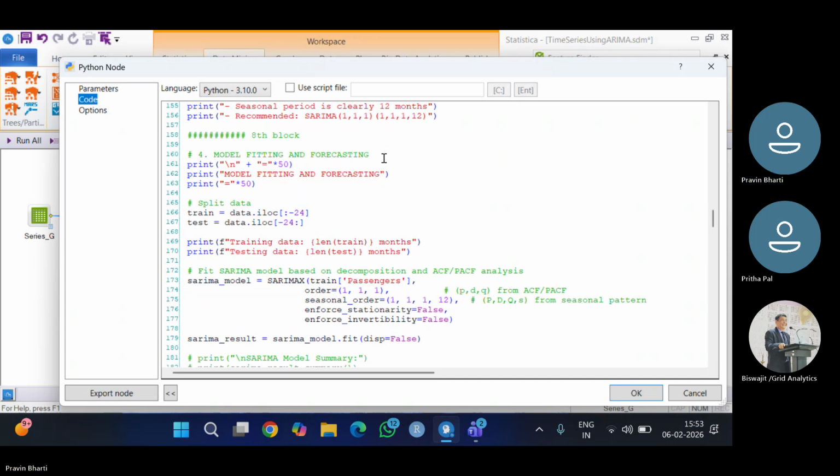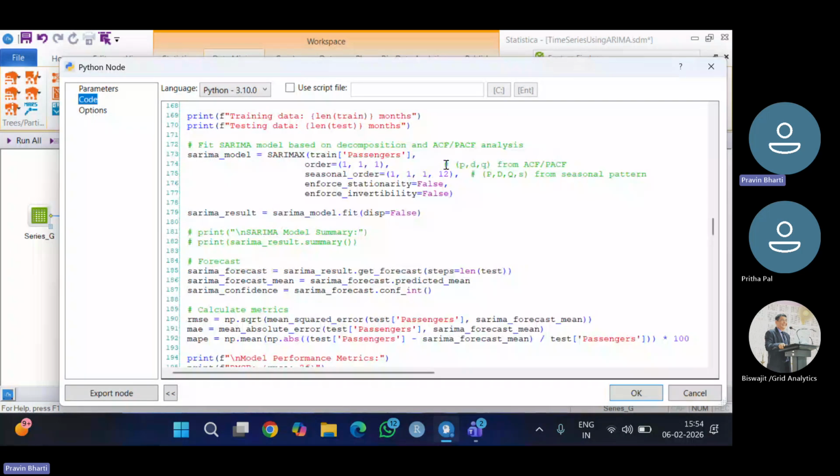That will be our training data set. Then we fit the SARIMA model based on the decomposition and the ACF and PACF analysis.